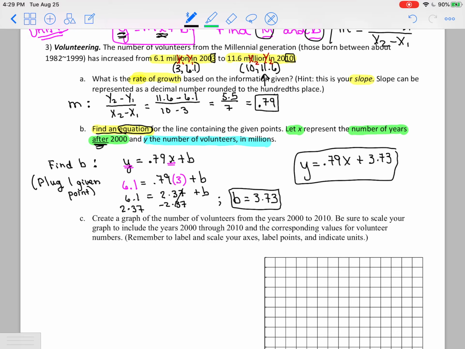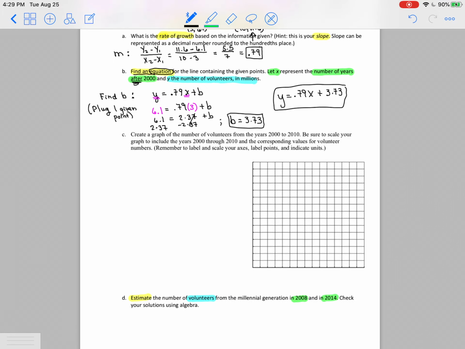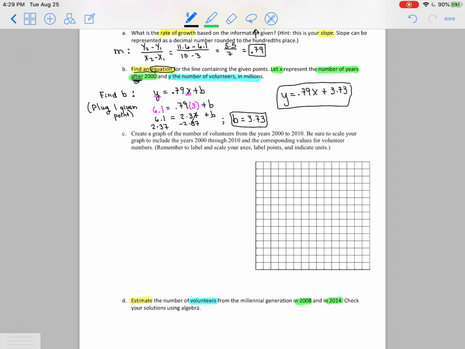So this is our equation that's going to represent the information that we have so far about the volunteers and the number of years after 2000. All right, so I know we talked about this already, but in order for us to create a graph, create the points that we need for the graph, we want to set up our t-table.